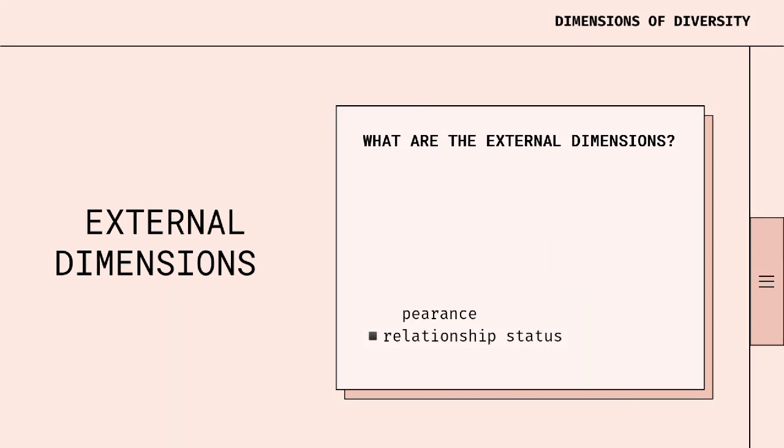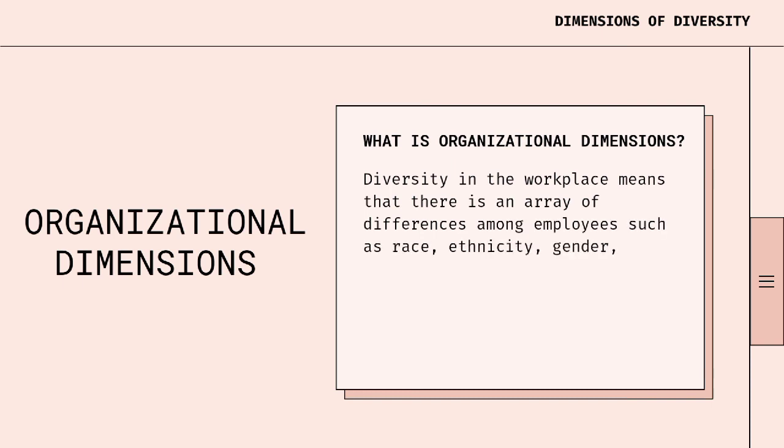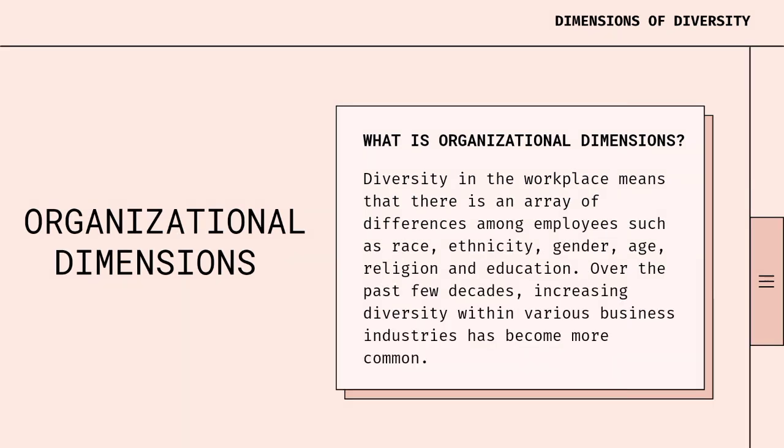The third dimension is the organizational dimensions. Organizational dimensions is the diversity in the workplace. That means there is an array of differences among employees, such as race, ethnicity, gender, age, religion, and education. Over the past few decades, increasing diversity within various business industries has become more common.